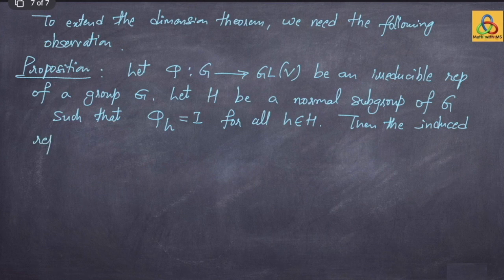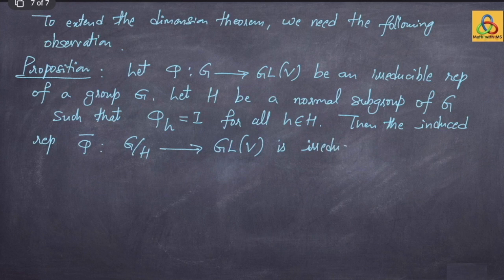Notice that H is a normal subgroup, so G mod H is a group. So the claim is that the induced representation, let us denote it by phi bar, from G mod H to GL(V) is also irreducible.